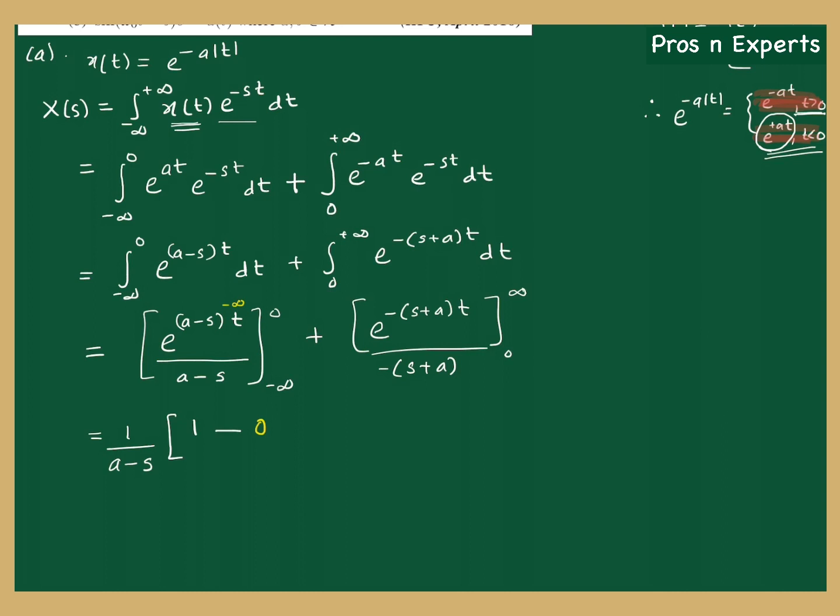Can you really write 0 there? Just think twice before writing 0 there. Is it always 0? We have to take care that this value is 0 only if a minus s is a positive value.